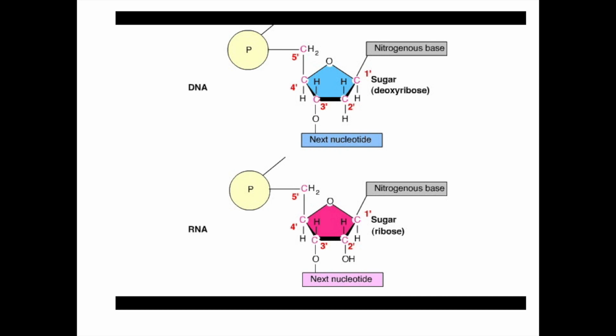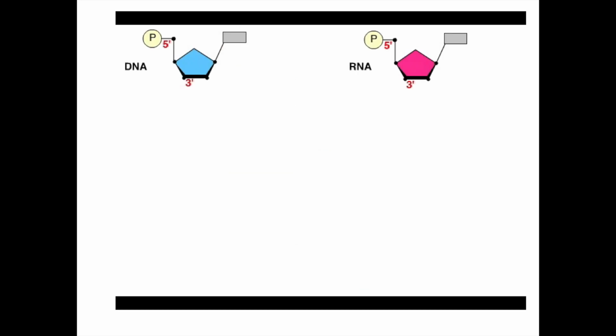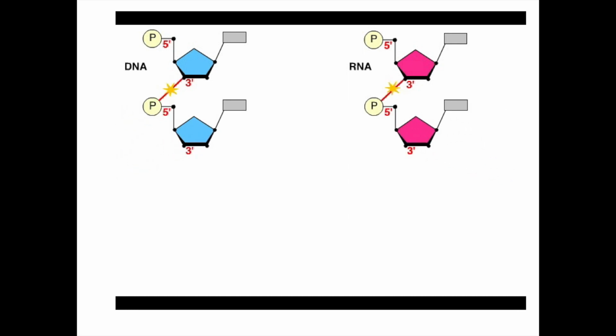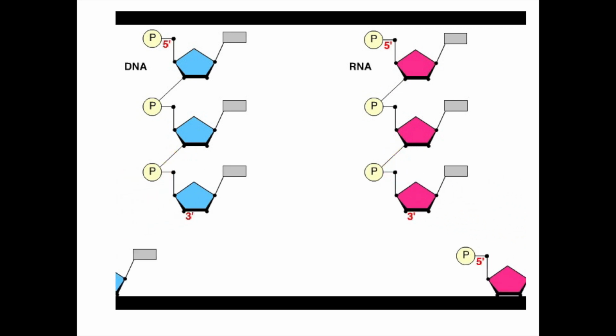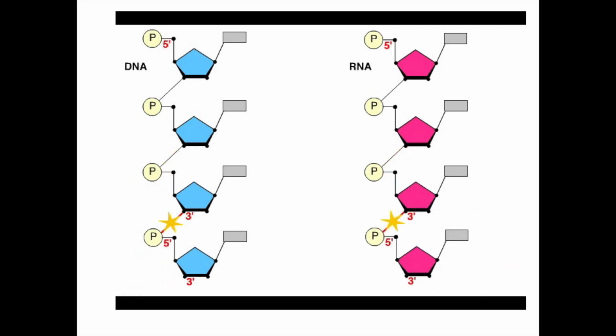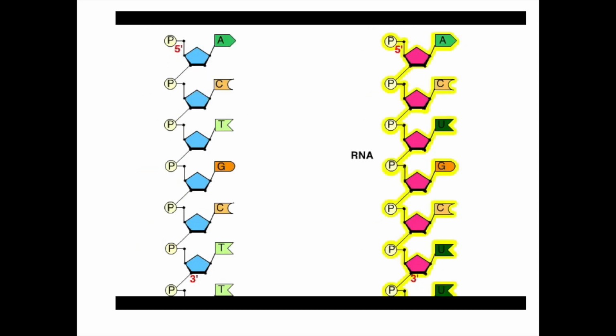DNA and RNA are polynucleotides, long chains of nucleotides. Polynucleotides are always assembled in the 5' to 3' direction. A covalent bond forms between the carbon at the 3' position of a nucleotide and the phosphate group at the 5' position of the next nucleotide. RNA usually consists of a single polynucleotide chain.